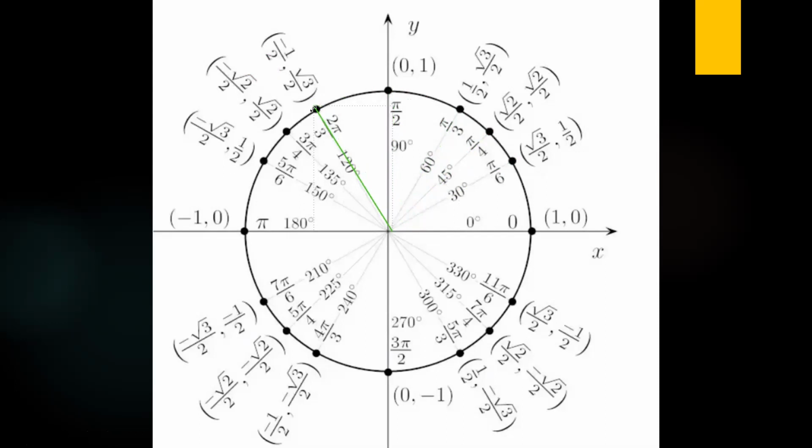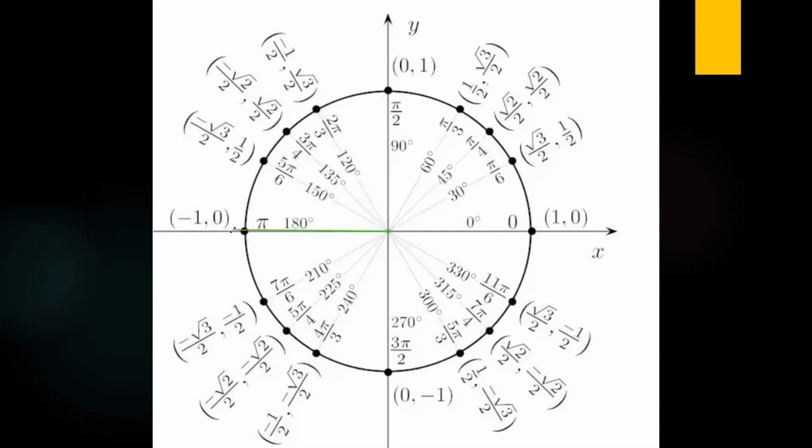This is 120, which is 2 pi over 3. Its sine is square root of 3 over 2, and its cosine is negative half, because we are in quadrant 2. This is 135, which is 3 pi over 4. 150 is 5 pi over 6. Its cosine is negative square root of 3 over 2, and its sine is half.